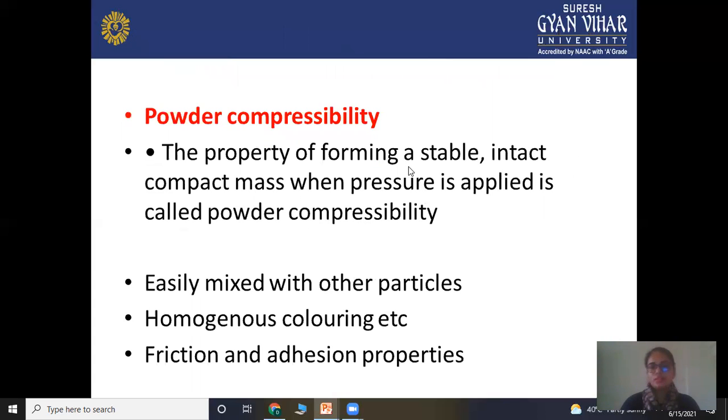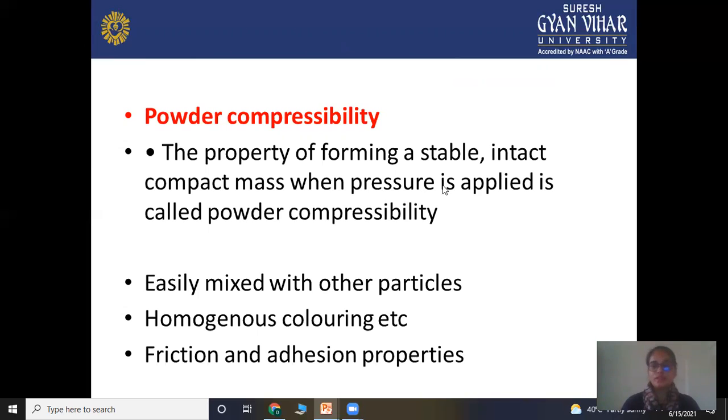Next is powder compressibility. Compressibility is the property of forming a stable, intact, compact mass when pressure is applied. Compressibility is mainly required for hardness. If you apply more compression force, it forms a harder tablet that does not break easily. This is mainly required for controlled release or sustained release.